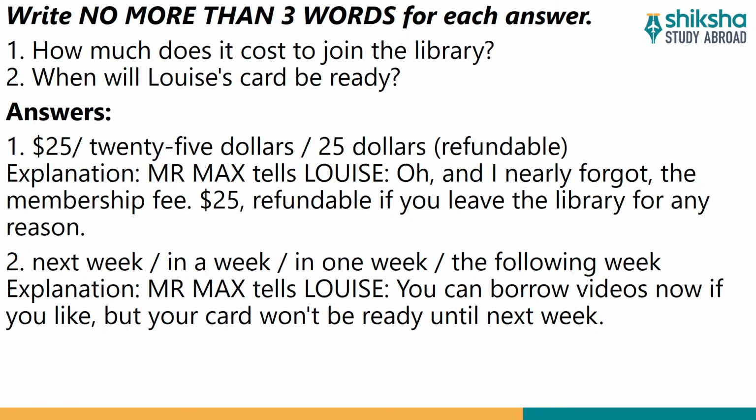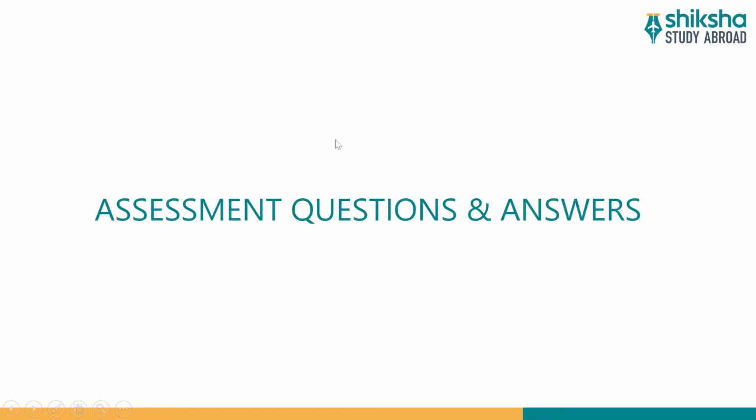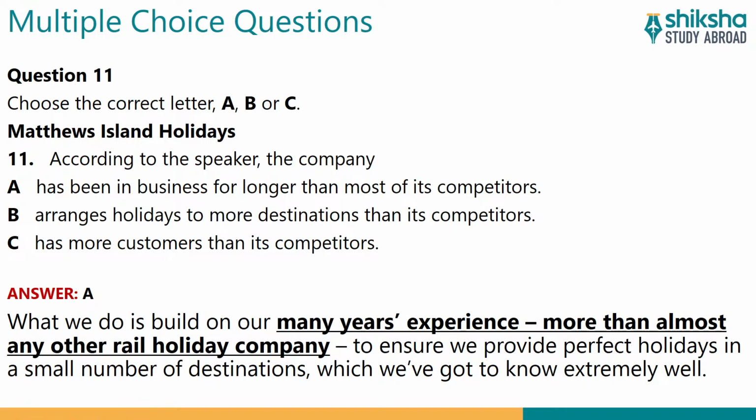So for example, if the number is 369, that will be counted as one word. Okay, so one number will be counted as one word. So that means you're writing two words here. One is the number and one is the word itself. All right. So guys, this is how you actually answer in your short answer questions.